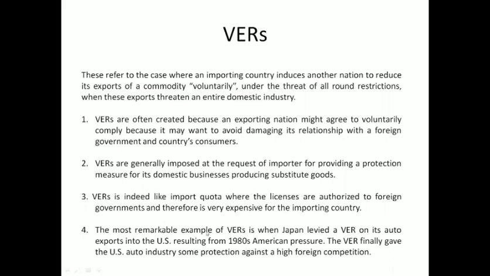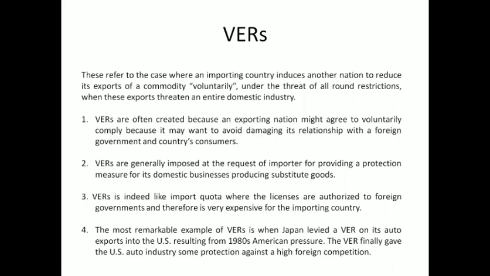The most remarkable example of VER is when Japan levied a VER on its auto exports into the US, resulting from 1980s American pressure. So to protect their own auto industry, they imposed this VER on Japan, and finally the VER gave the US auto industry some protection against high foreign competition.